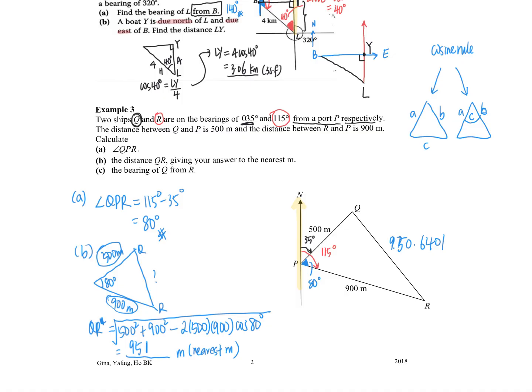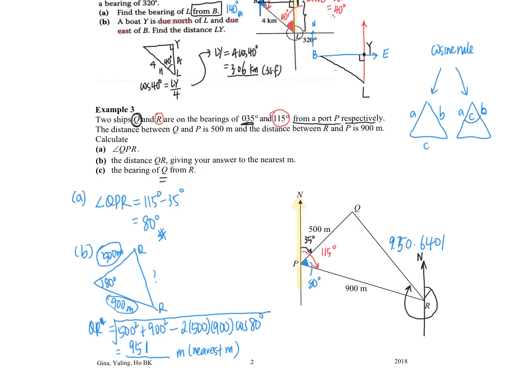Now they say, can you find the bearing of Q from R? So if I put my same north pole at R, and then I want to look at the north direction, turn until I see Q. So I ask myself, what is the angle that will help me find the answer?